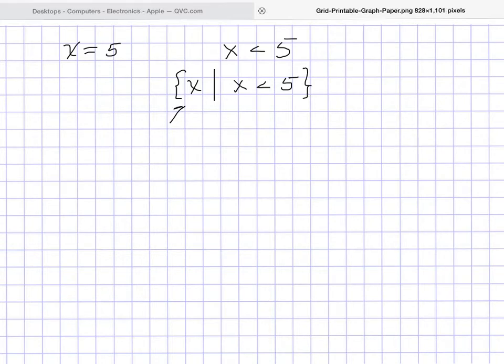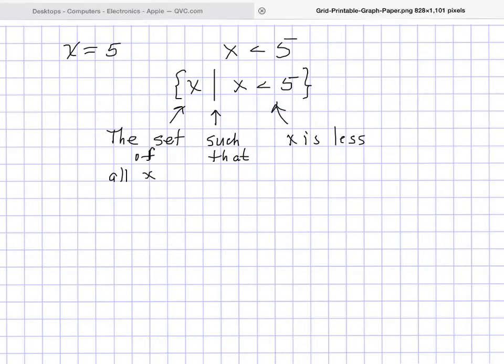So it's read the set of all x such that x is less than 5.